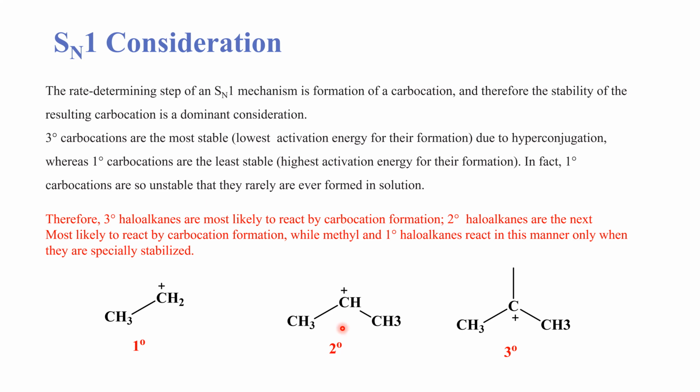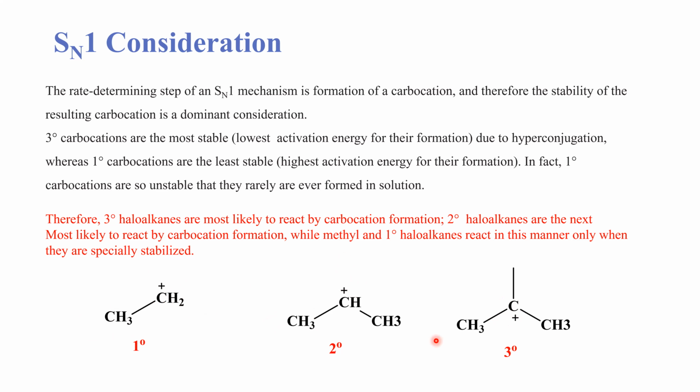Here is the comparison, and you can see the three kinds of carbocation. This is the primary carbocation, which has been formed from one of the primary haloalkanes. Let's say there was a bromine, so that was ethyl bromide. This was the secondary haloalkane, so that is a secondary carbocation, formed by the removal of the halogen from this carbon.